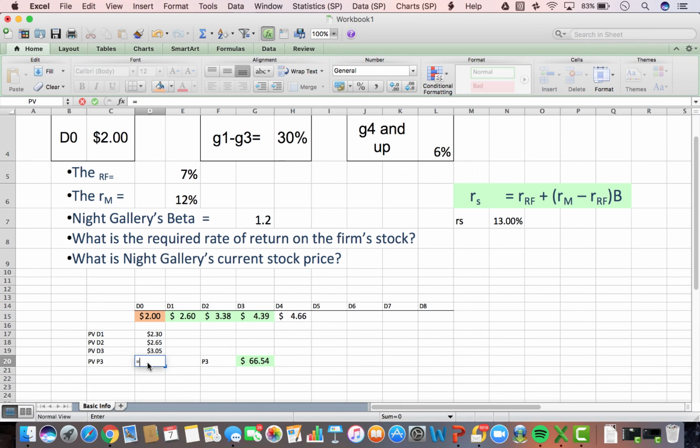This should be PV, rate is 13%, comma, 3 periods, comma, 0 payment, comma, a future value of 66.53 that I need to put negative, close parentheses now, and I get this 46.11.